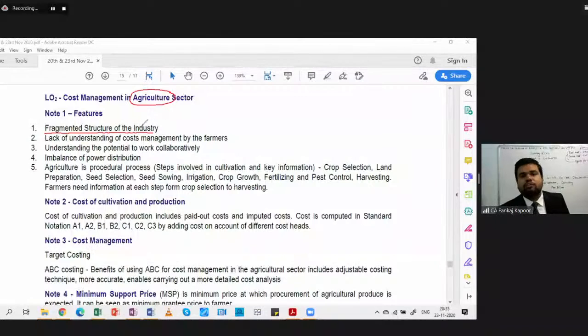So, first feature, fragmented structure of the industry. If you see the entire India, it is not that there is one place which is considered a hub of agriculture and the rest of the part has no agriculture.